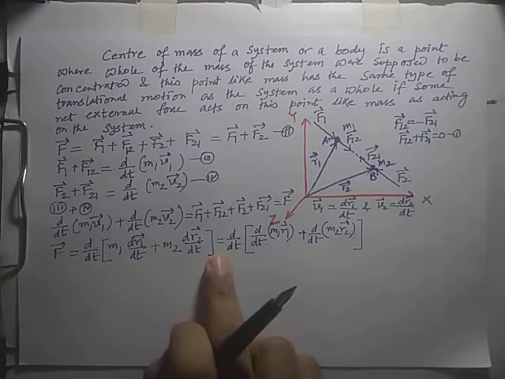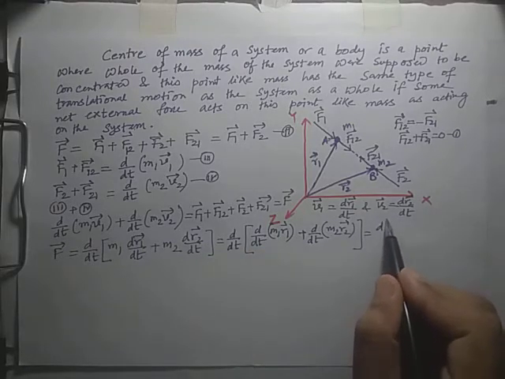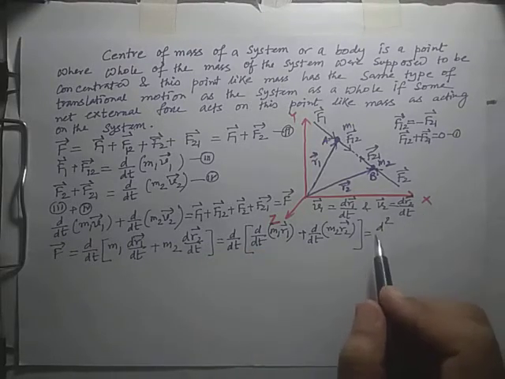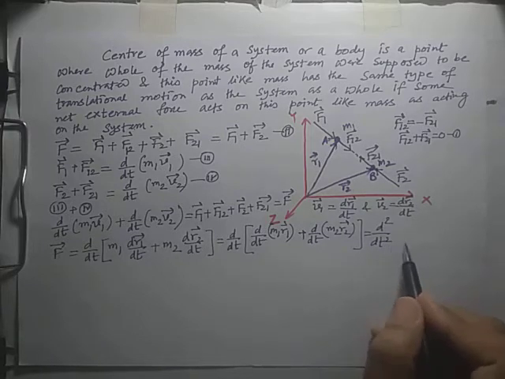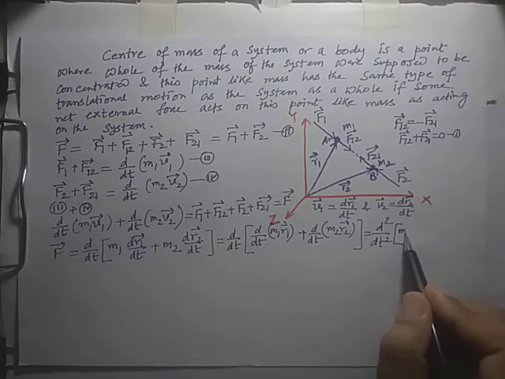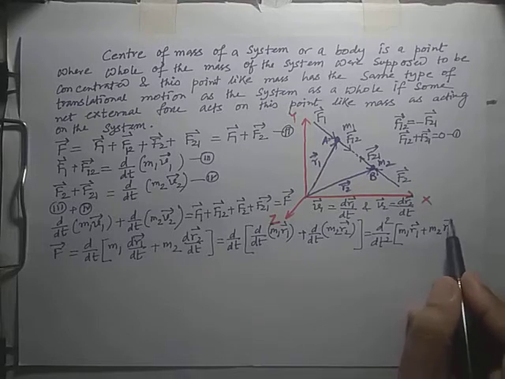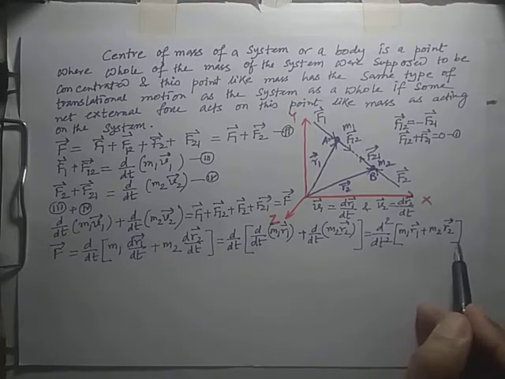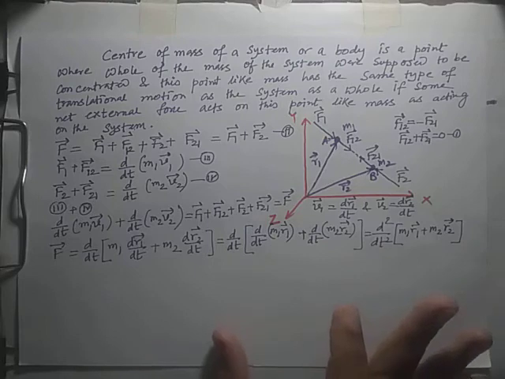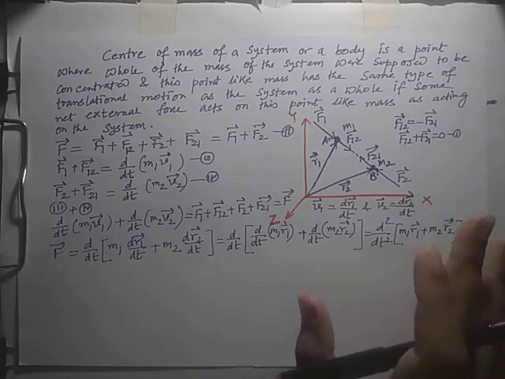Now this d by dt will go inside, so we get double differentiation, d2 by dt square of m1 r1 plus m2 r2. Now we'll multiply the numerator and denominator with m1 plus m2.